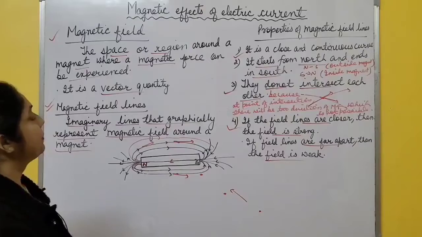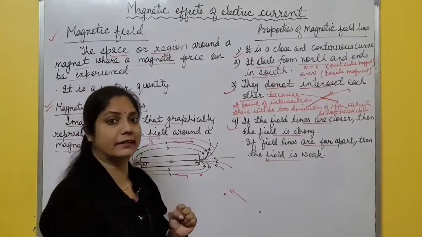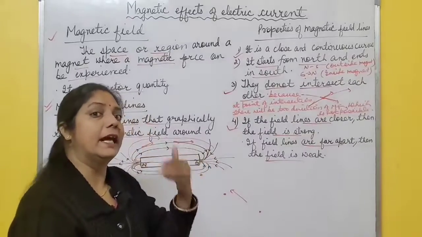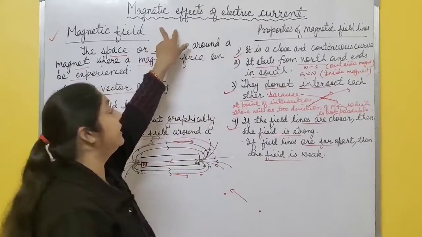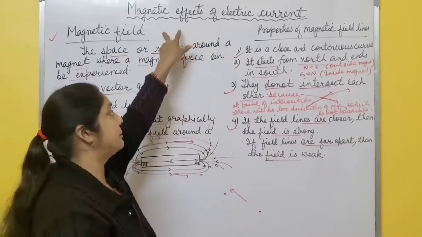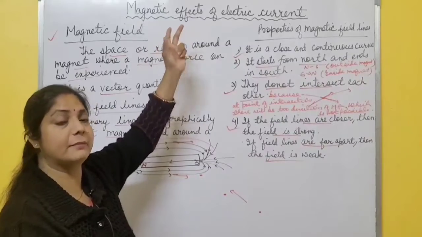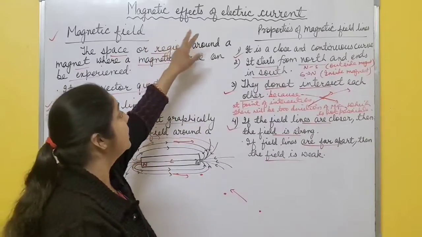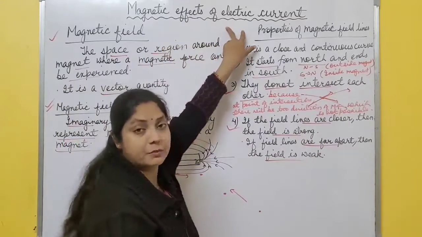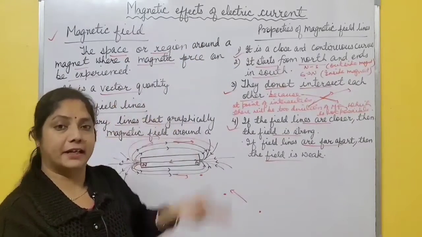After this topic, I am coming to the main topic of this chapter, the magnetic effects of electric current: how, with the help of electric current, a magnetic effect is produced. This is the first half of the chapter, and it is explained by Oersted. And the second half is the reverse of this. In that part, we discuss how an electric effect is produced with the help of a magnetic field, so electromagnetic induction is there.